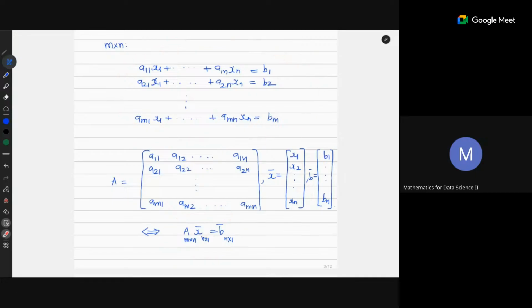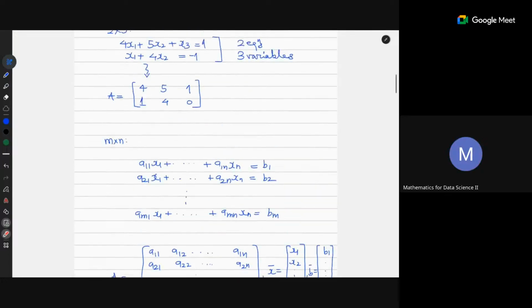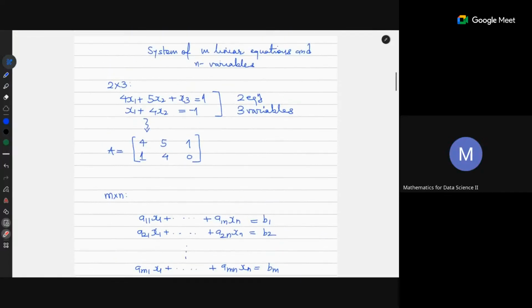Again, as in the case of an n cross n system. Yes, Dilip. So I was just wondering if m and n are not equal. Yeah, then you will get something like a rectangular shape.